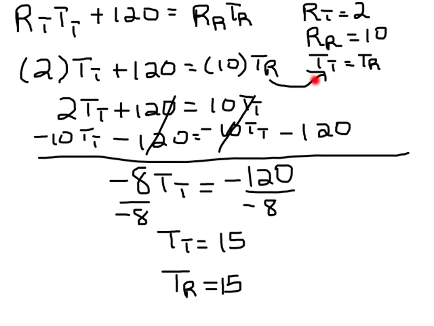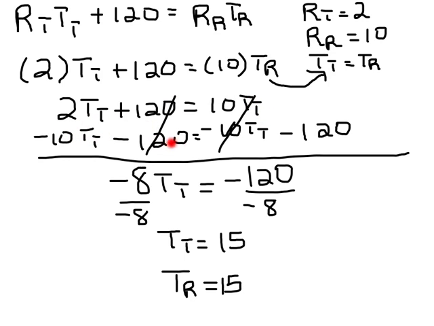Now since we know that TR and TT are the same, I'm going to have to change one of these two, so I'm just going to go ahead and change this one and be working with all the same variable, which is TT. So now I do my math. 2TT plus 120 equals 10TT.